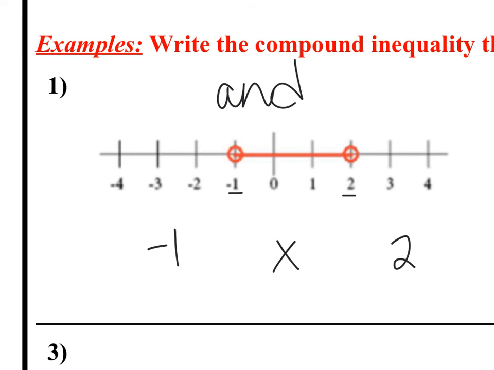These are open circles. My signs always go facing to the right, like this. They're open circles, so I do not put the or equal to, and now check it and make sure it makes sense. X is greater than -1. X is less than 2. You're saying the x values in between -1 and 2, which is what we got.